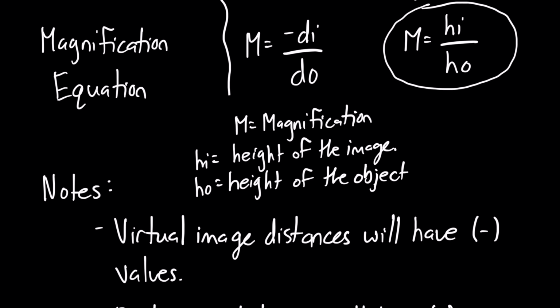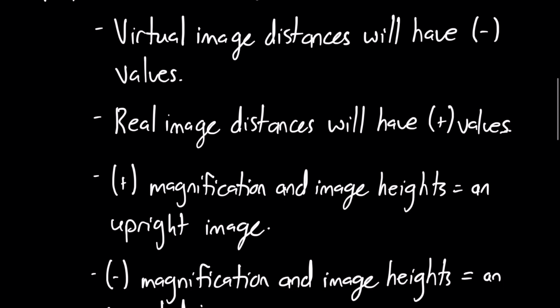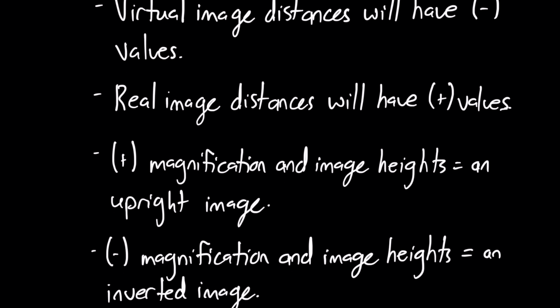Before we get into these examples, just a few notes to go over quickly. Virtual image distances will always have negative values. So if the image is found on the opposite side of the mirror as the object, it'll have a negative value. Number 2, real image distances will have positive values. So if the image is found on the same side of the mirror as the object, it will have a positive value.